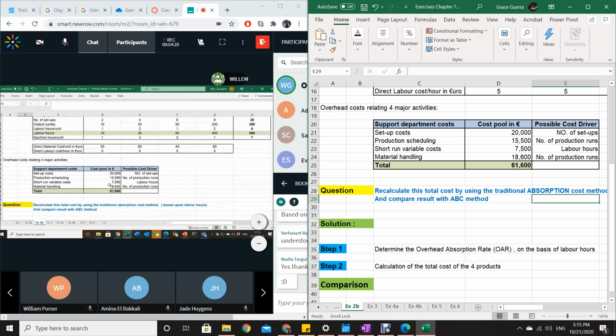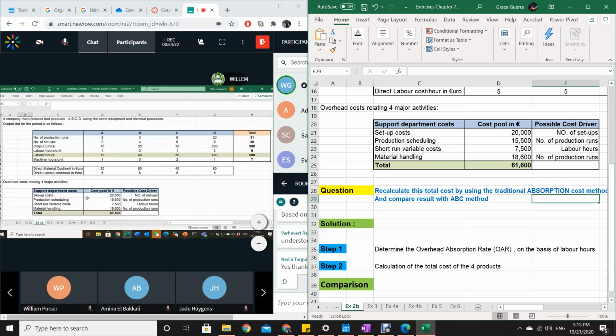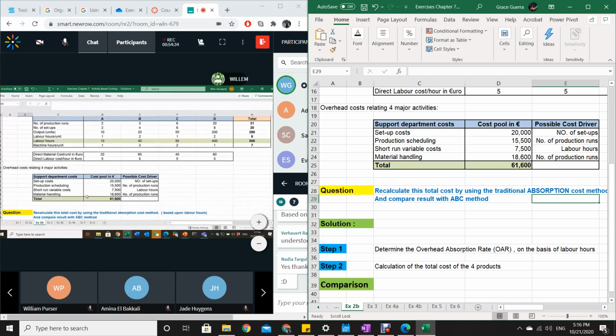So with the information you have here, you can work out an absorption cost method, like in the previous chapter, and with the same information, you can calculate an ABC calculation. And then we will see at the end what is the difference in the result. Okay, so try to work it out. You have both exercises you have done before, so it's possible to work it out.